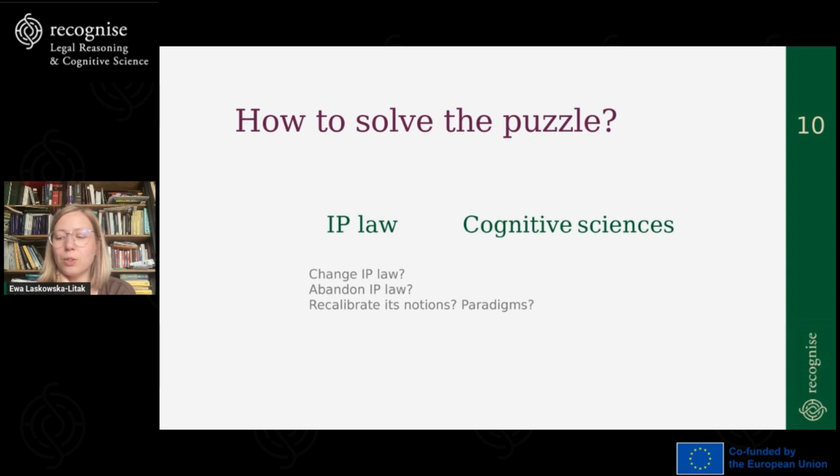So to put it quite simply, IP law and cognitive science do not actually go hand in hand, and not only technological development and digital environment challenge the system, it's also the front from the cognitive sciences, neuroaesthetics and neurosciences as well. So probably there is a quite urgent question of recalibration of the system, or the interpretation of its notions and paradigms.